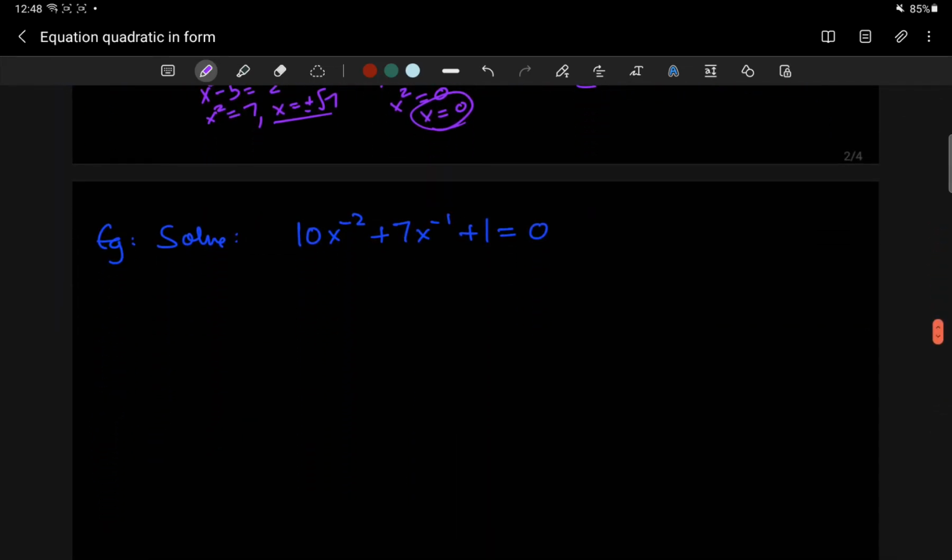The next example has 10x to the negative 2, plus 7x to the negative 1, plus 1. Here we can use exponent properties and we can say that if I let u is x to the negative 1, then u squared is x to the negative 1 squared, which becomes x to the negative 2, because that is negative 1 times 2. So the whole equation now becomes 10u squared plus 7u plus 1 equals 0.